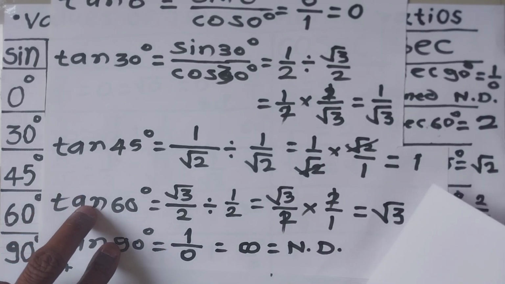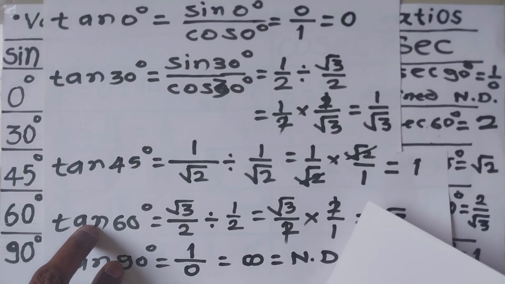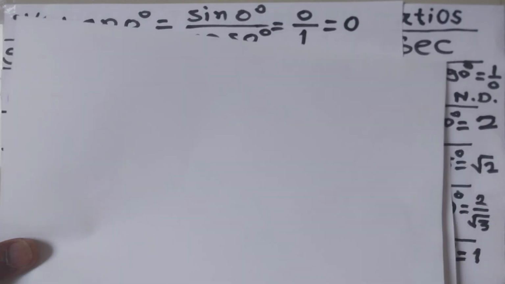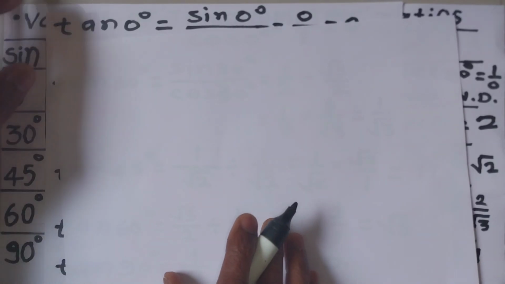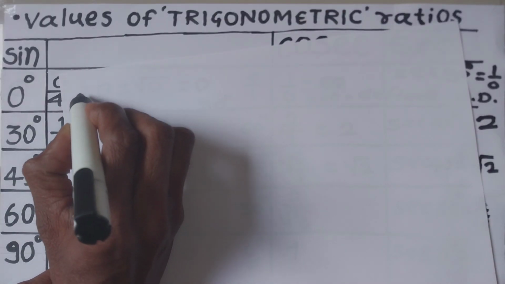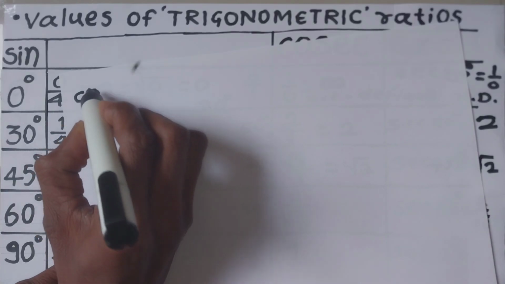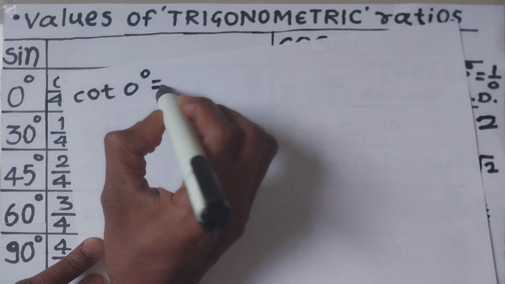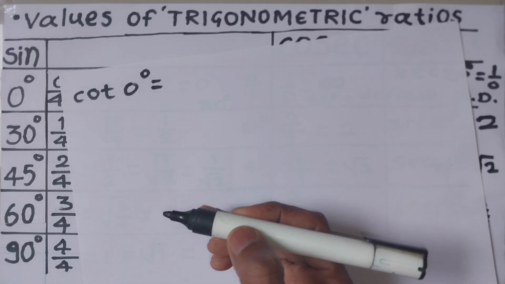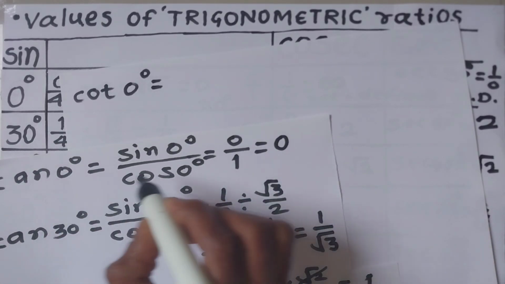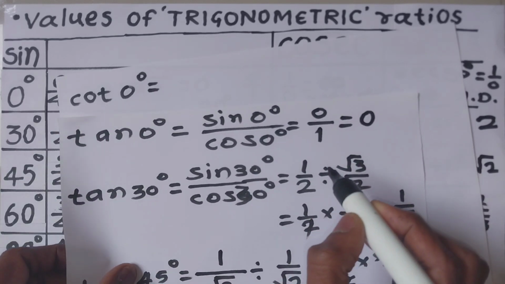With the help of these values, we will find out the values of cot 0 degree to 90 degree. Now look here carefully. Cot 0 degree is the multiplicative inverse of tan 0 degree.